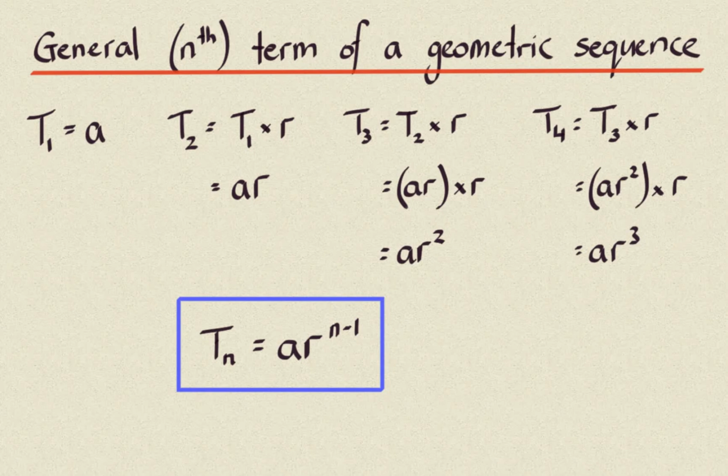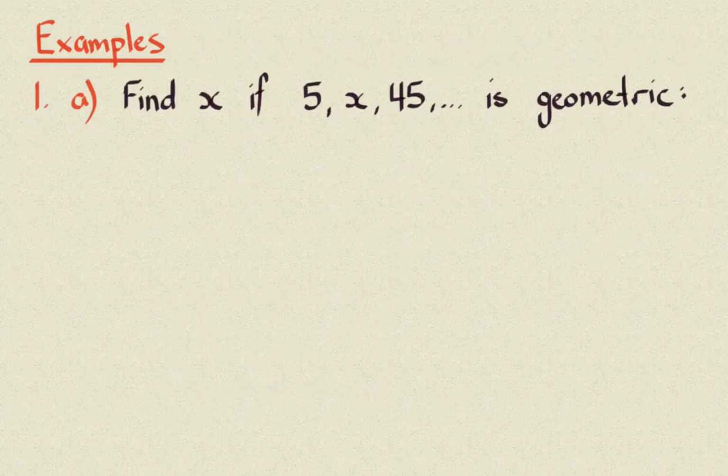And with that formula established, let's now have a go at some examples. We've got 4 that we're going to do in this video. Example 1, part A. Find x if 5, x, 45, and so on is geometric.